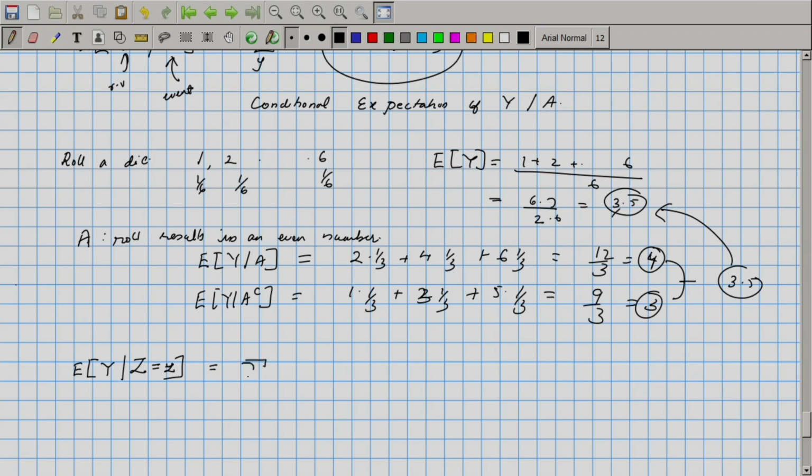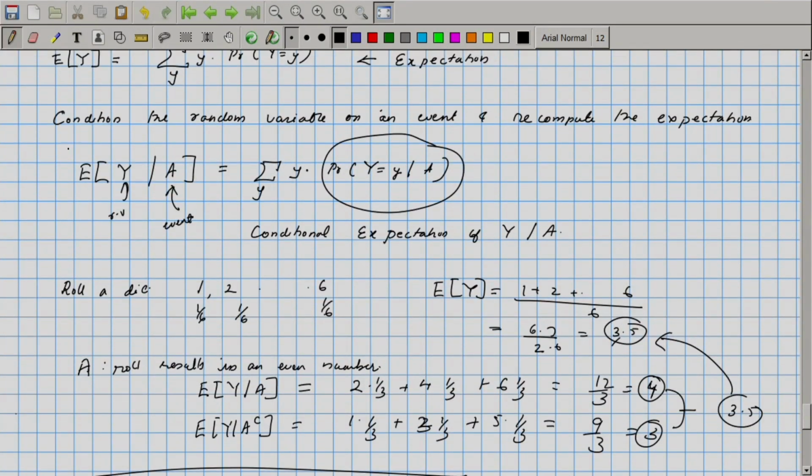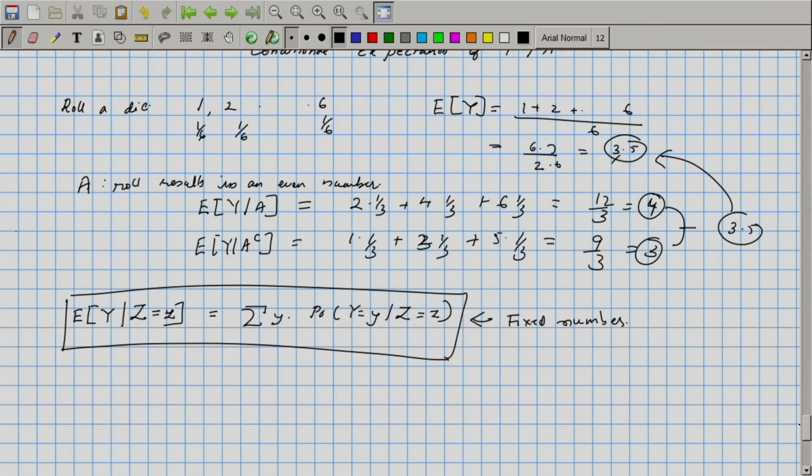So, this is equal to summation over y of y into probability that Y equals y given the random variable Z takes the value z. So, this conditional expectation is going to be a fixed number. If you condition on an event based on a random variable, they are all going to be fixed numbers.